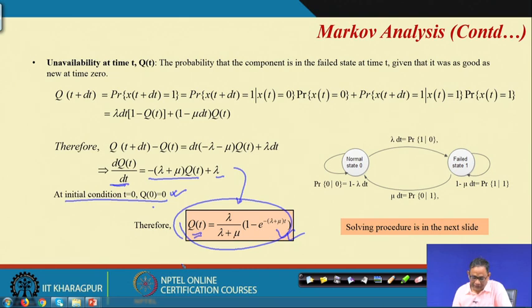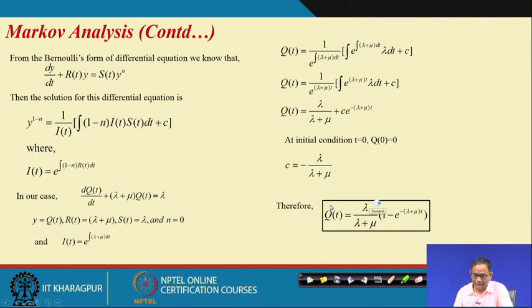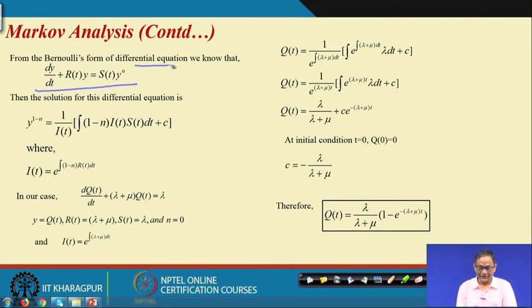Okay. Now, we will show how to arrive at this solution from the given differential equation. This is the Bernoulli form of differential equation, first order: dy by dt plus r(t) y equal to s(t) y to the power n.